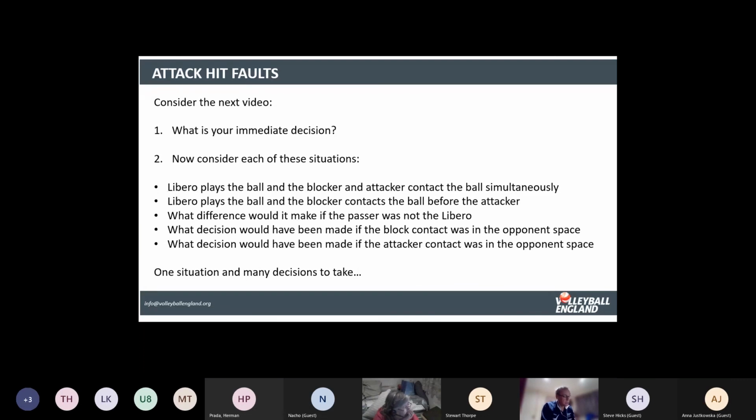What you're going to see is a ball which is played from a libero, and that libero is in the front zone or steps into the front zone, and they play the ball a little bit of an overpass, and the ball is attacked higher than the top of the net simultaneously with a block.